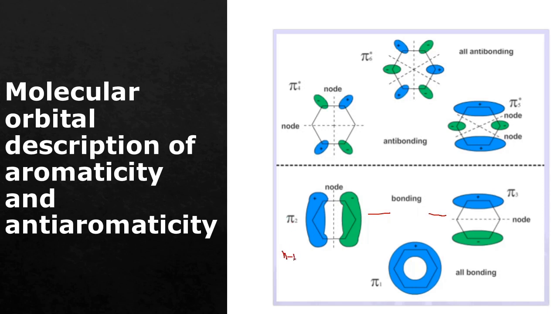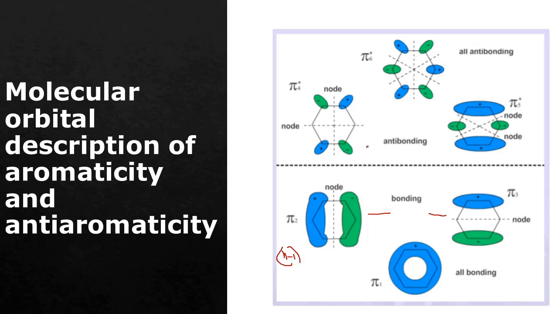So the number of nodes will be n minus 1, where n is the orbital number. Okay, so here you can see that we have two degenerate orbitals. Here the number is 2, therefore it should have n minus 1 node, so it has 1 node. So this is how you can represent a pi molecular orbital depicting the positive and negative wave functions or the phases of the wave function.